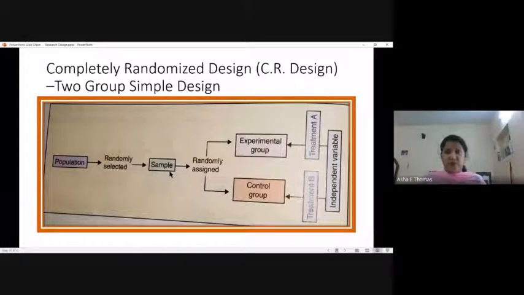Suppose a person is very good at training, has been experienced for many years, and is offered to the experimental group, maybe the result would be better compared with the control group. So there are two extraneous factors which we have not considered here, which makes this design a little handicapped.